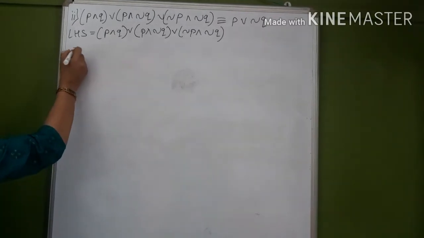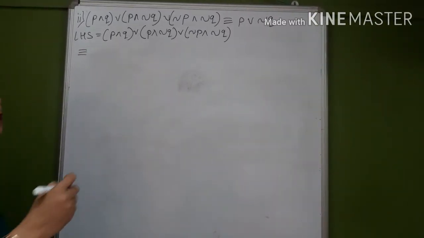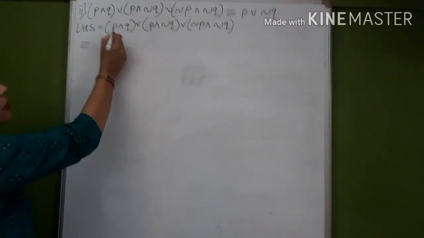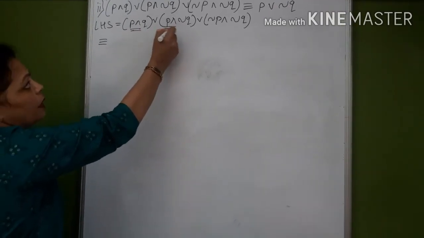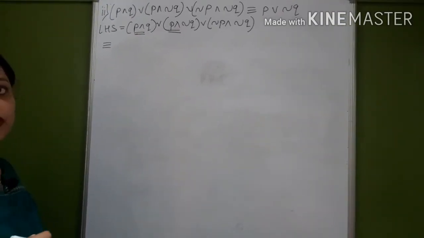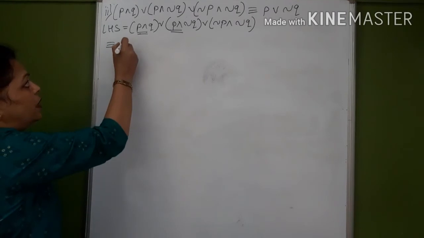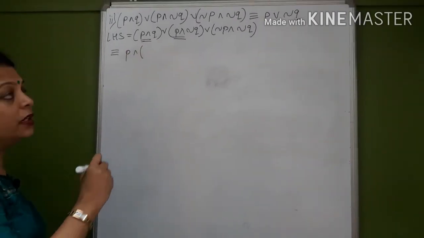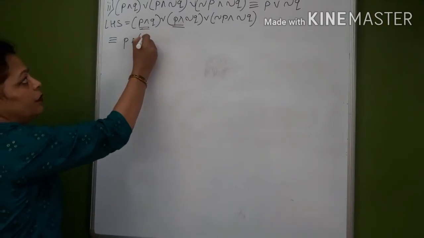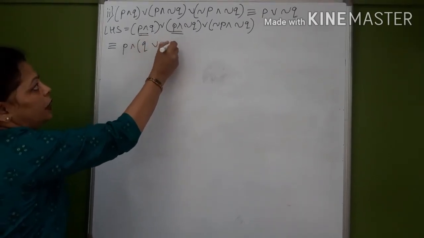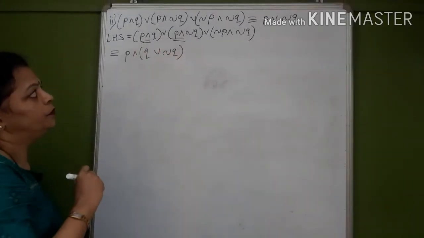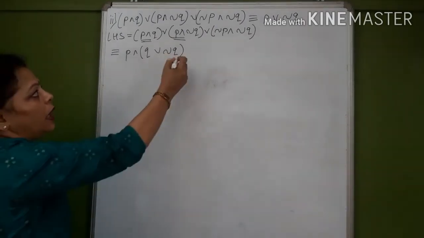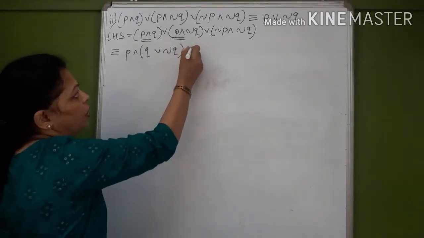Now see students, if you observe this statement, you can see that P and is common in these first two brackets. So let's take it outside the bracket. So P and, what will you get in the other bracket? Q from the first bracket or negation Q.